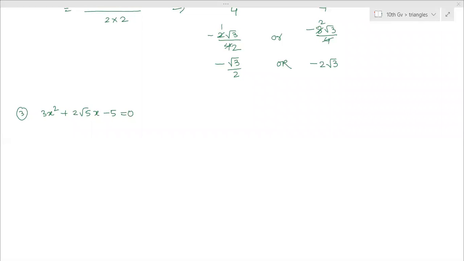Root 5 by 3 and minus root 5. Everyone got the answer? Yes, ma'am.